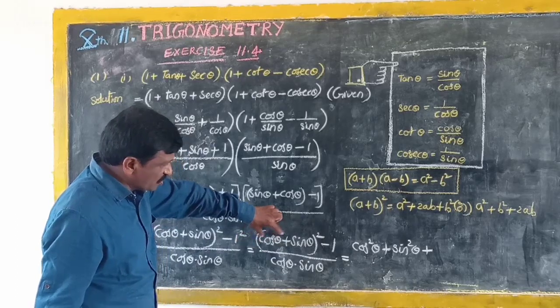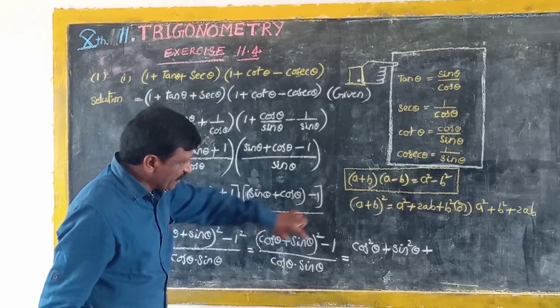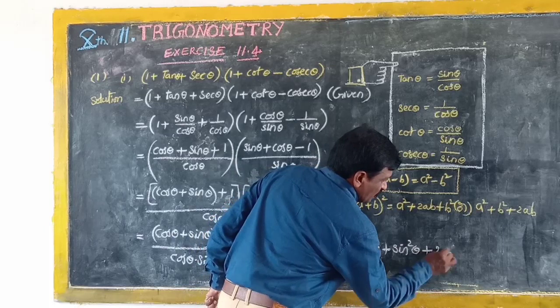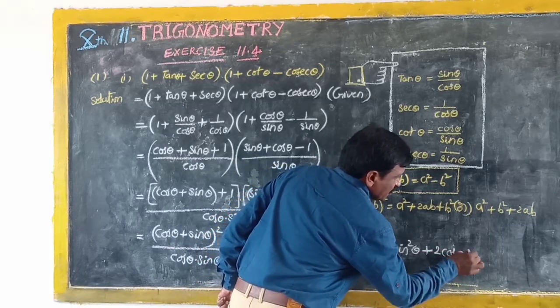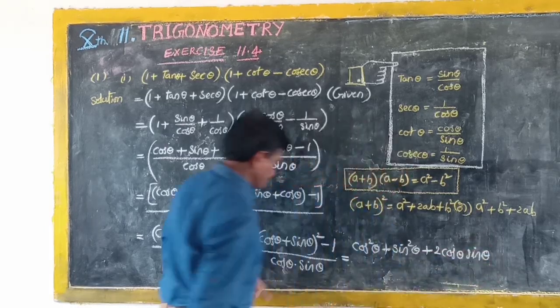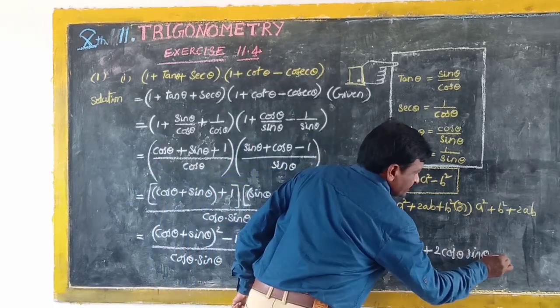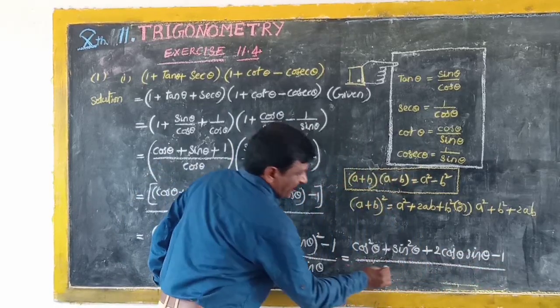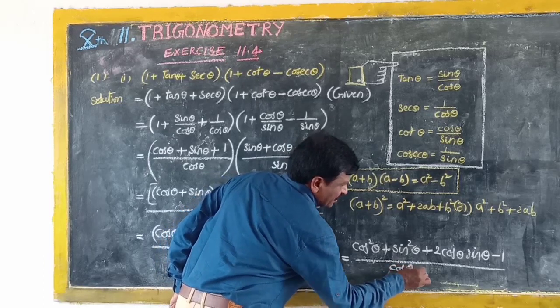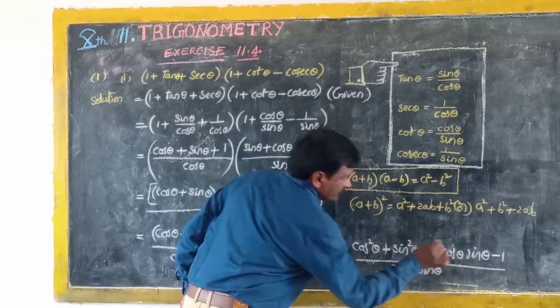A means cos, b means sin. 2ab is 2 cos theta sin theta. Minus 1 by cos theta sin theta.